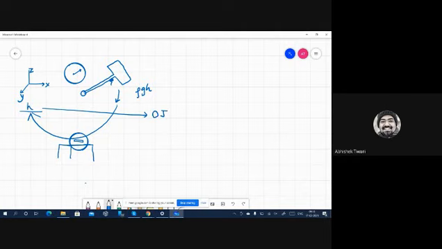And if there is a sample and it breaks the sample, then of course it will not go to this height. So it will go to another height, h dash, which will be lower than h. And that can be calculated, that because of this difference, how much energy has been consumed. And that energy will be shown on the dial, and that will be the energy consumed in the Charpy specimen. So let's say that will be 100 joules.